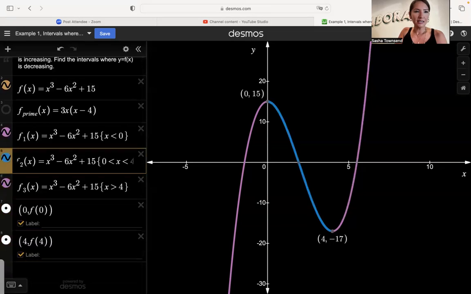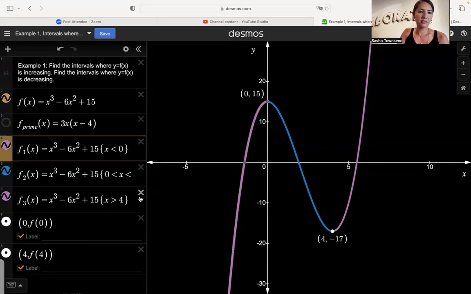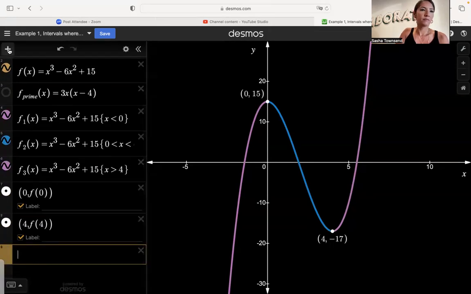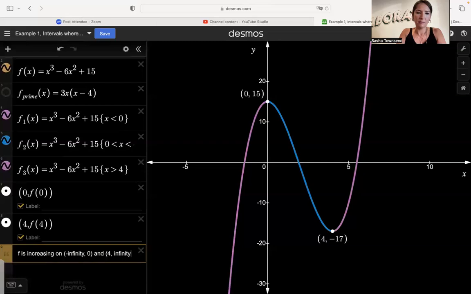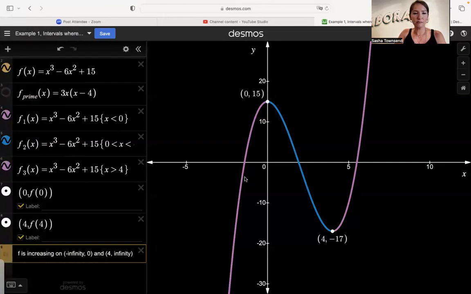But that's the idea. We have identified the intervals where f is increasing and decreasing. Let's actually state those intervals. Say f is increasing on negative infinity to 0 and 4 to infinity. Now you always have intervals of x values where the y values are going up.